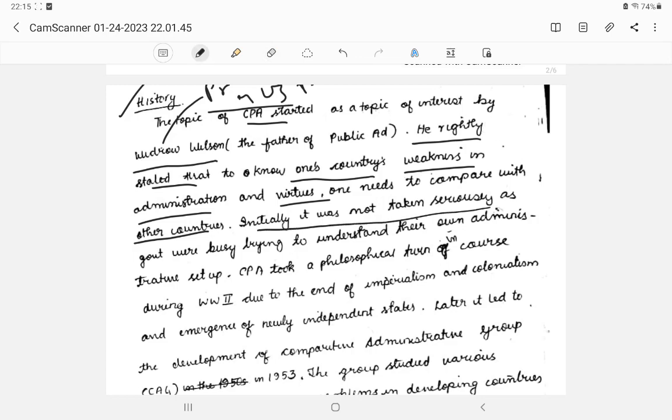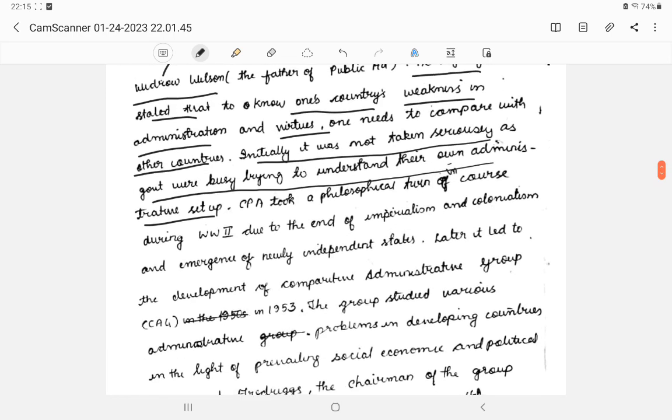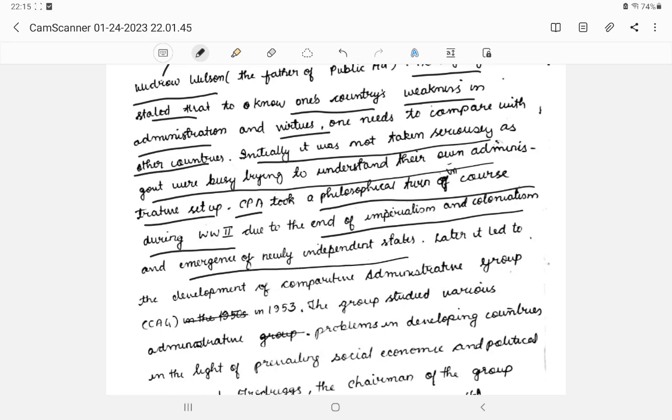Initially it was not taken seriously, as governments were busy trying to understand their own administrative setup. So comparative public administration took a philosophical turn during World War II due to the end of imperialism and colonialism and the emergence of newly independent states.